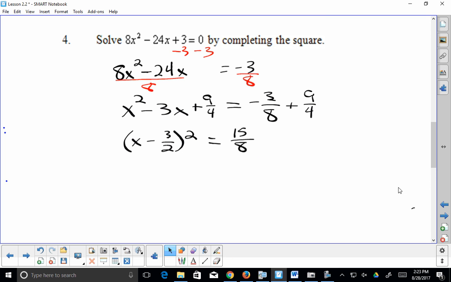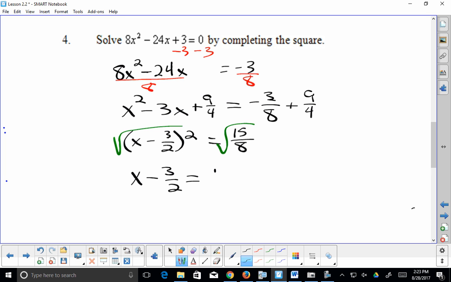All right, so we get here, take square root of both sides. And x minus 3/2 equals plus or minus square root of 15/8. Right? And that's not a very easy radical to work with, so we're just going to leave it alone. So we'll say x equals 3/2 plus or minus square root of 15.